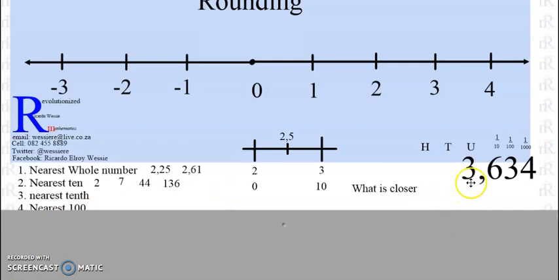Now we go back to what we've been taught at primary school, when we worked with hundreds, tens, and units, tenths, hundredths, thousandths. So, if I look at the number 3,634, I'm working with 3 units, 6 tenths, 3 hundredths, and 4 thousandths. So, if I have to round off to the nearest tenth, then I'm referring to this number. So, when I do my rounding, I always look at the next number.